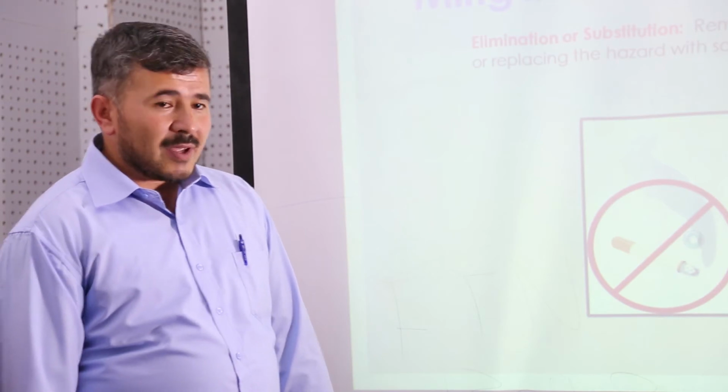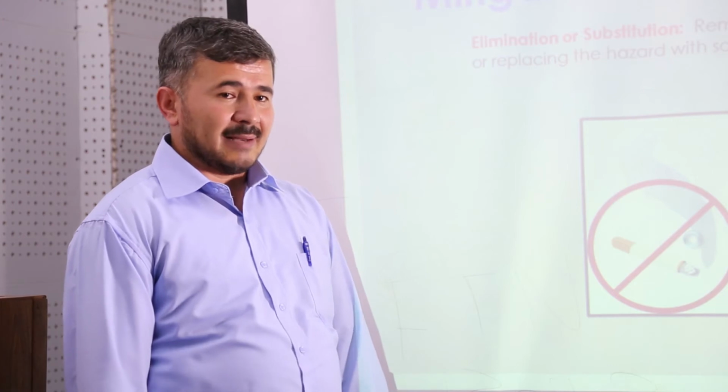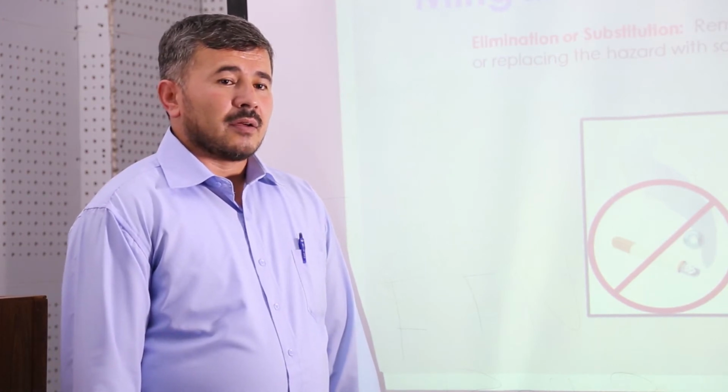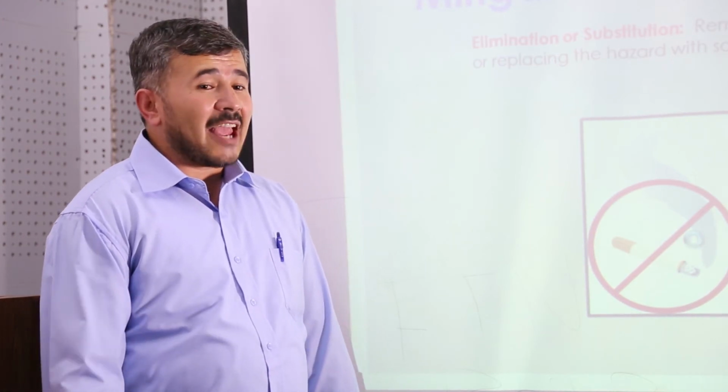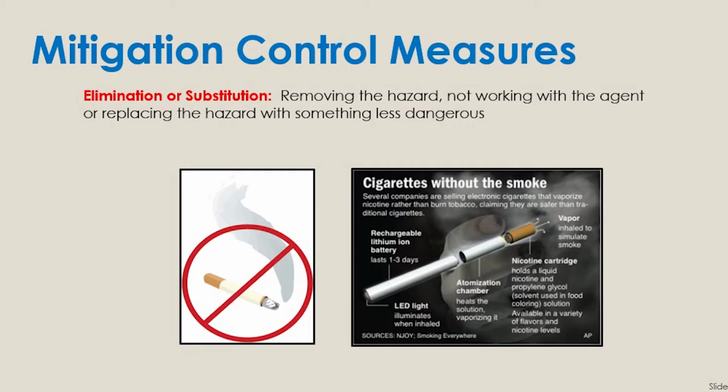Sometimes you may do culture of an organism, and replace it with a safe method like serology. So this is called elimination. Or some of the time we may completely close lab techniques inside a lab that are not acceptable.